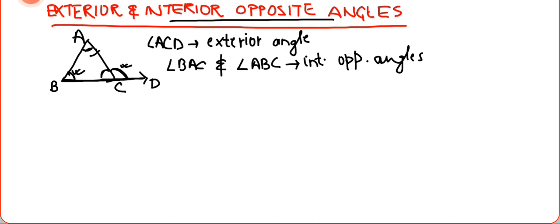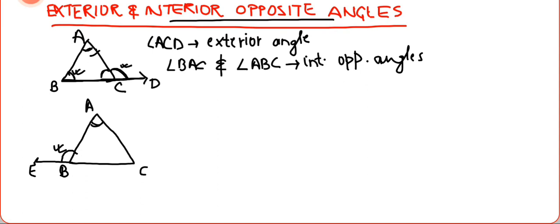Okay, and what if we produce any other side? We will see that also here. Let us consider this is the same triangle ABC, and what if we produce the side from here? If we produce the side AB, let us name the point E. Here angle ABE is the exterior angle, and the interior opposite angles are angle BAC and angle BCA.